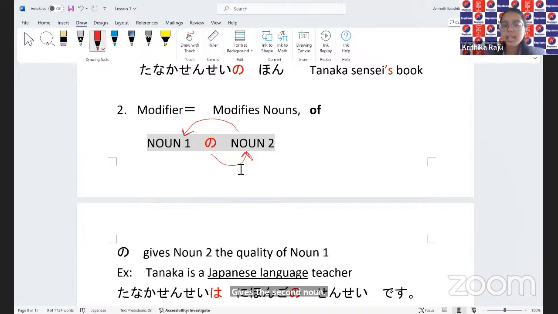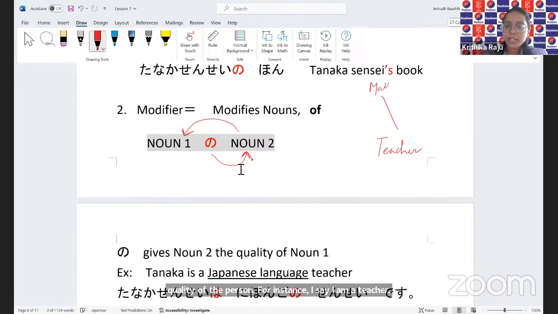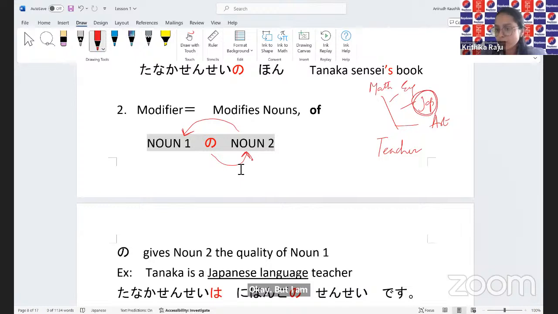For instance, I say I am a teacher. Now I could be a math teacher. I could be an English teacher. I could be a Japanese teacher. I could be an art teacher. I could be anything. But I am a Japanese language teacher. It's true for me.